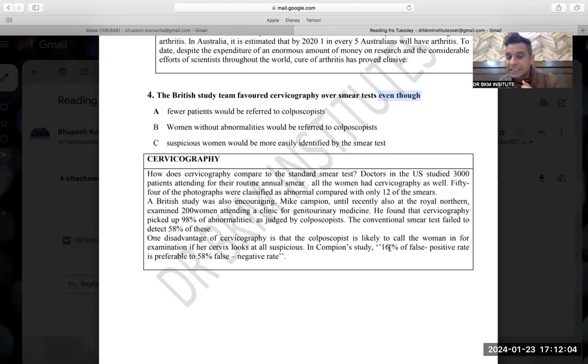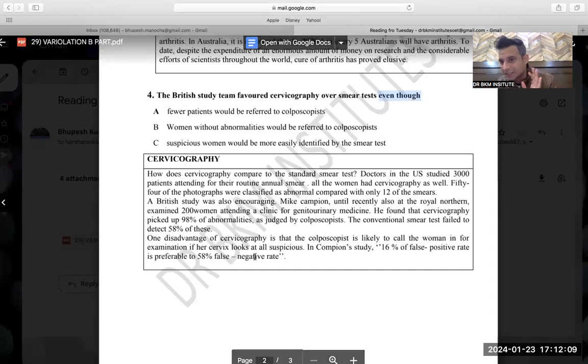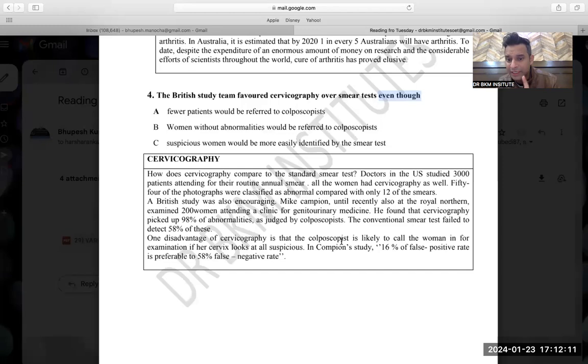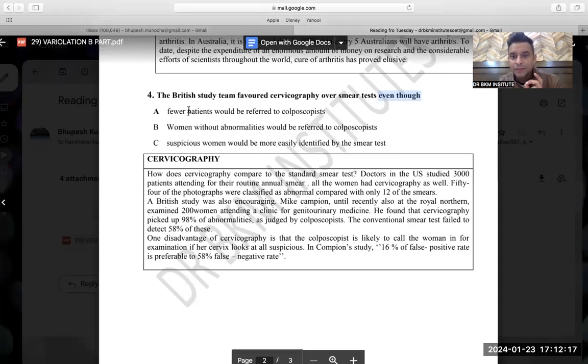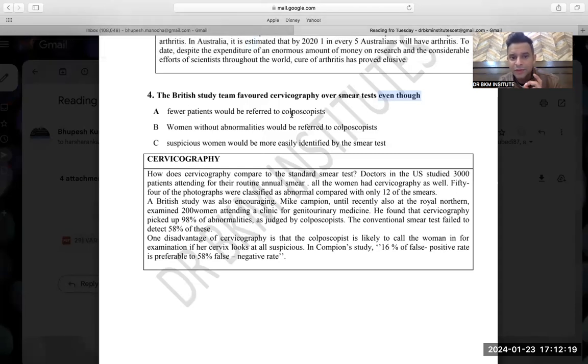In compliance studies, 16% of the false positive rate is preferable to 58%. This does not matter. So the only disadvantage I could see was that the coloscopist is likely to call for more women, and that women even without abnormalities would be referred to coloscopy.